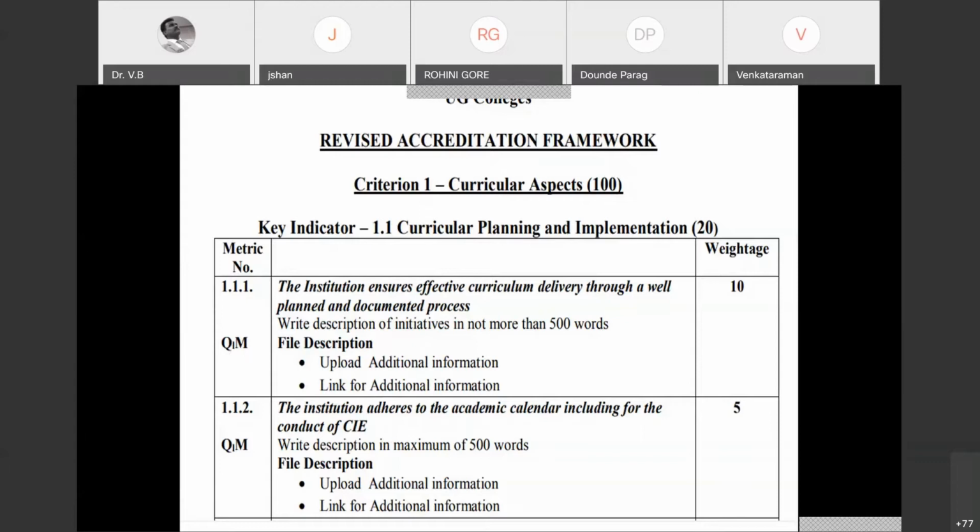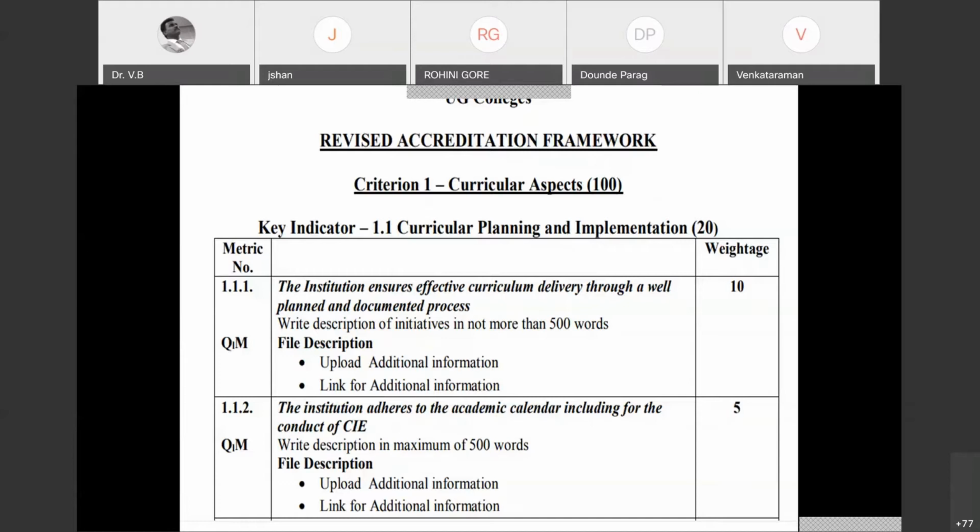Here it is curricular planning and implementation, because the example that we have taken is an affiliated institution. Out of these 20 marks, the first question carries 10 marks. That is 1.1.1. Here we don't say question, we use the word metric.